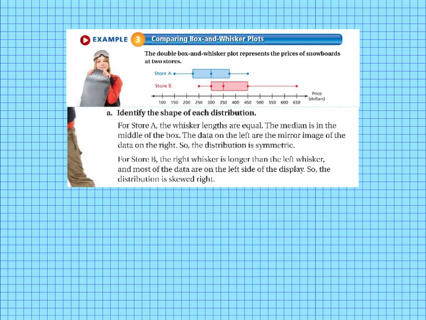So the blue one is store A, the red one is store B. Our job is to identify the shape of each distribution. So really all we have to do is look at the shape of each one. So for store A, we can see that our whiskers are essentially the same length. So that means it is symmetric.